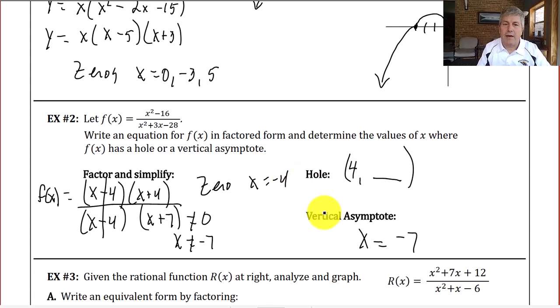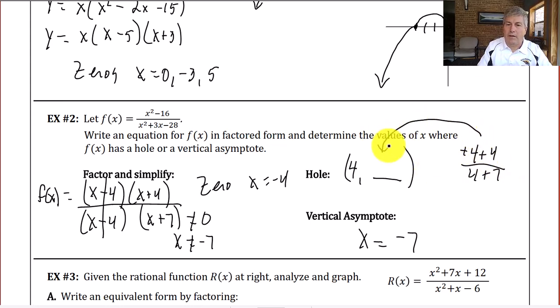They don't ask for that. And then find the rest of our hole. That's going to be, that's positive 4. So 4 plus 4 in our numerator, and 4 plus 7 in the denominator. And that's our y coordinate. So 8/11 is the y coordinate of our hole.